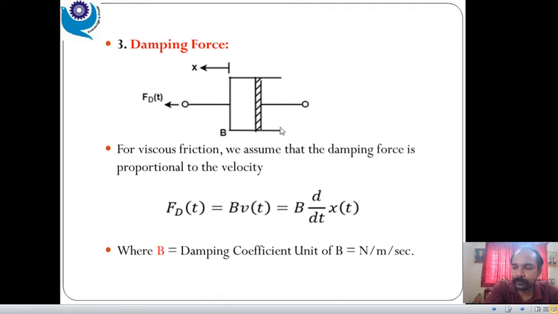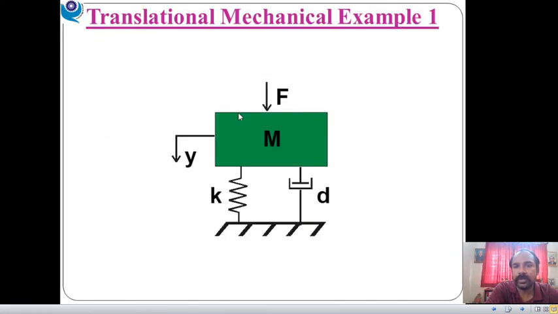Okay, there are types of friction that we have, that is static friction, viscous friction, and Coulomb's friction. Moving to the next point, translational mechanical. One example that we can have over here is a mass resting on a spring and damper D, right?